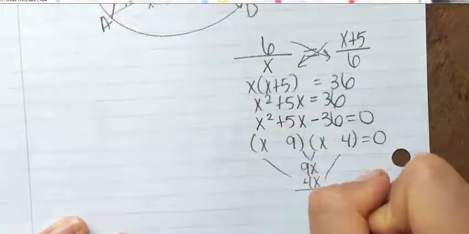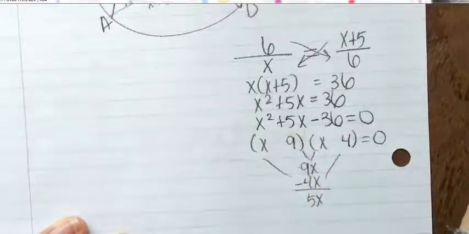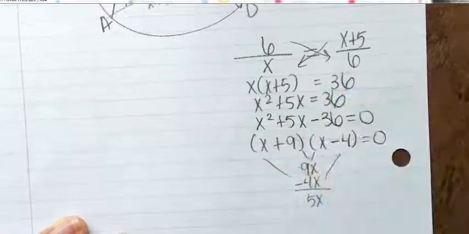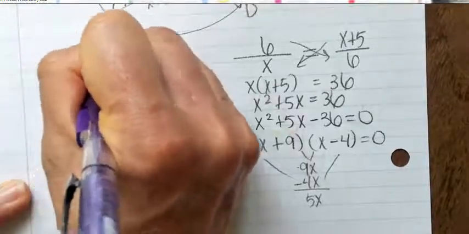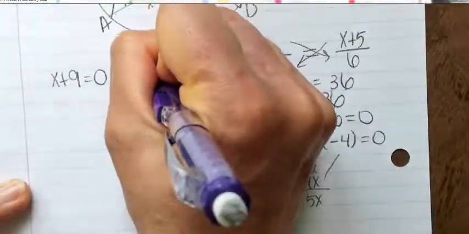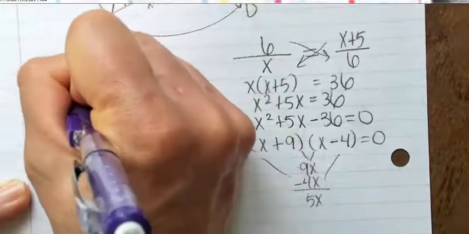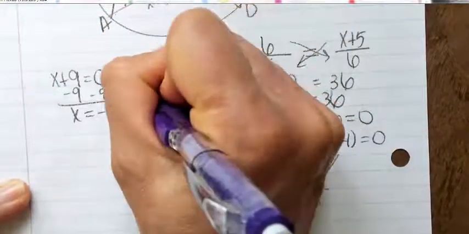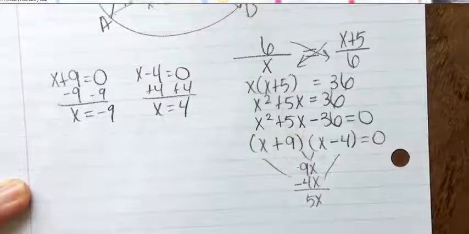To get a positive 5x, I would need a positive 9x and a negative 4x. So the 4 gets the negative, the 9 gets the positive. Not done yet, I still have to solve this. So x plus 9 will equal 0, or x minus 4 will equal 0. I'm going to subtract 9 from both sides and get x equals negative 9. Add 4 to both sides, and I'll get x equals 4.